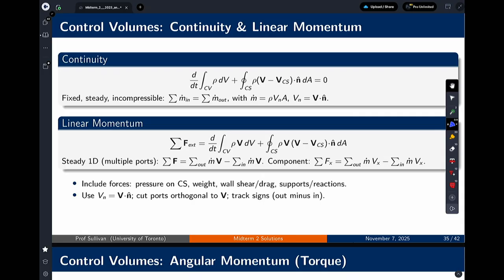You should be very comfortable with continuity and momentum equations. You should also be very comfortable with drawing control surfaces, outward normals, how pressure acts, and control volumes.